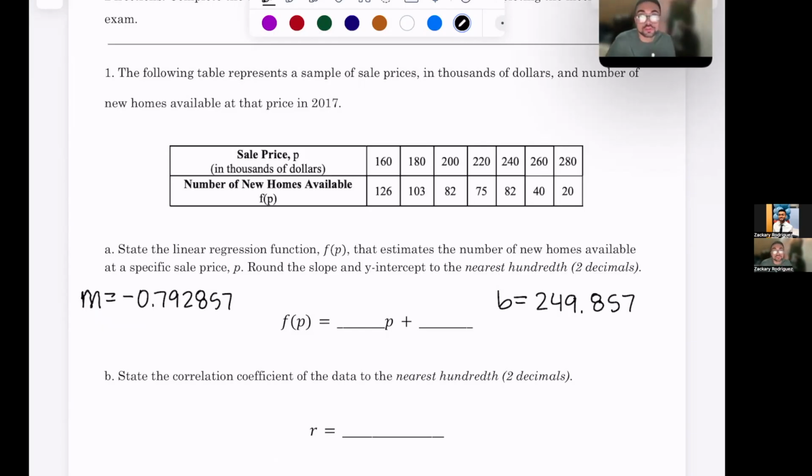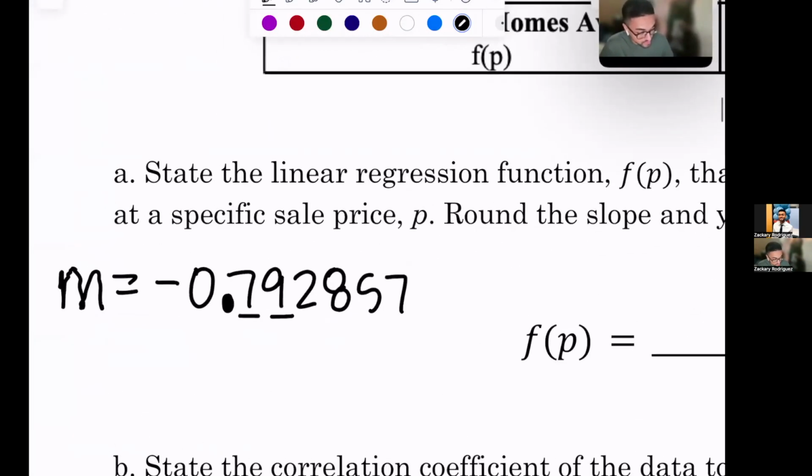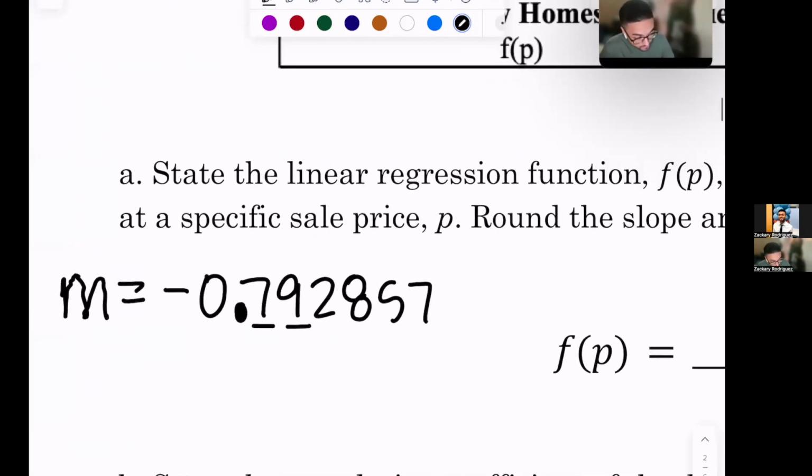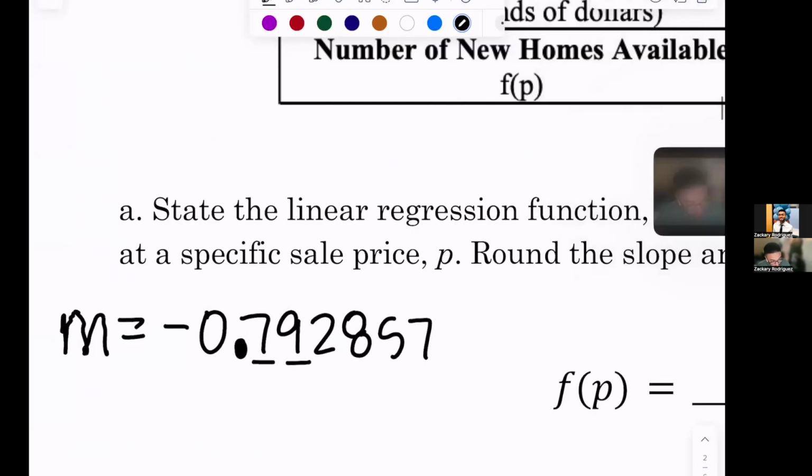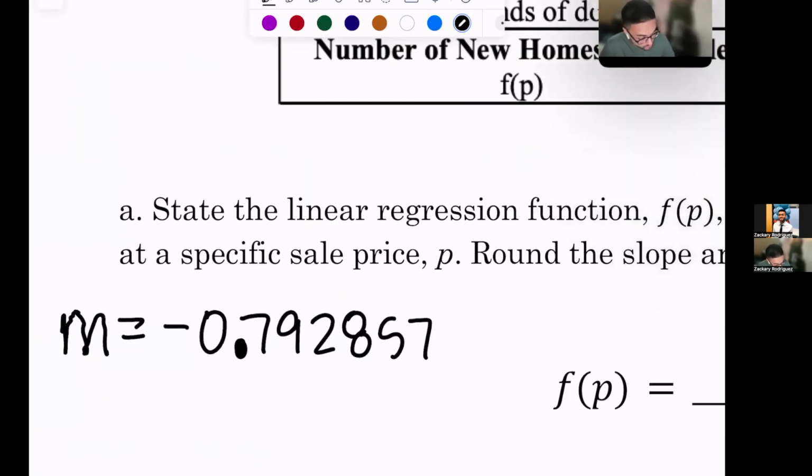Remember in the directions, it says round the slope and y-intercept to the nearest hundredth. Hundredth is 2 decimal places. The fastest way to do this is to literally count tenths, hundredths. So we do tenths after the decimal, hundredths, 2 after the decimal.